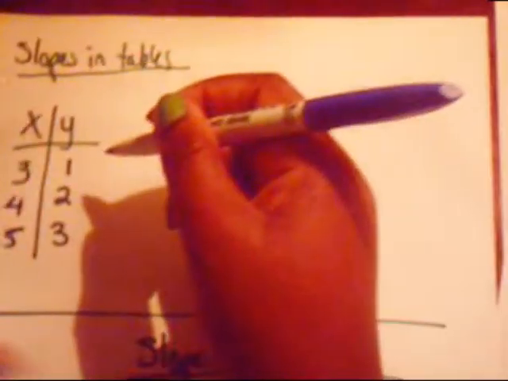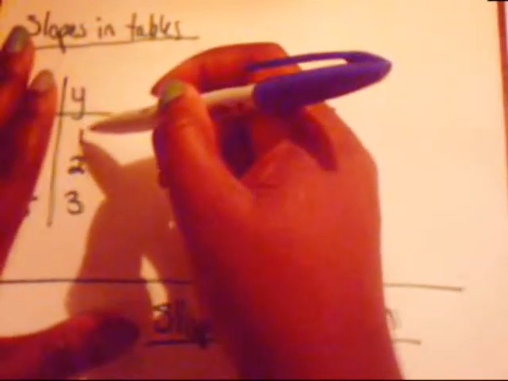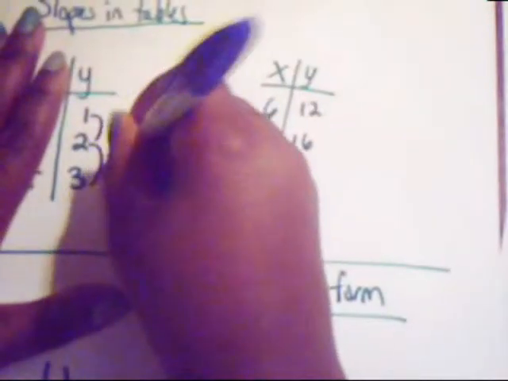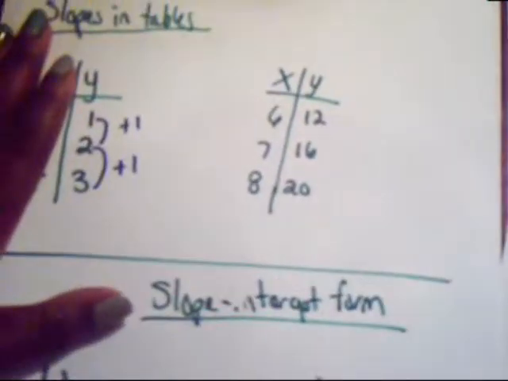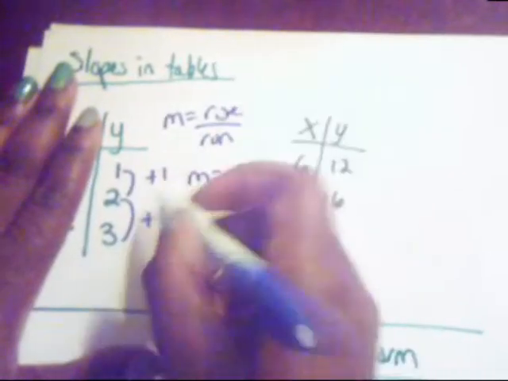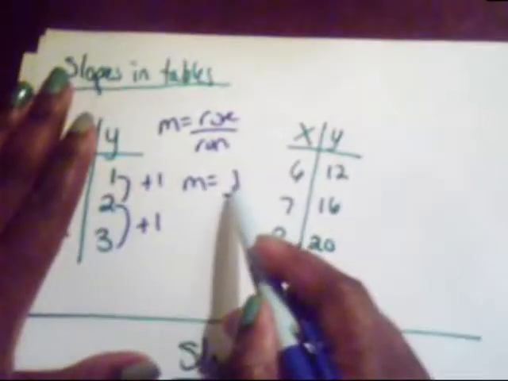Okay? So when we look at all the y coordinates, I've got 1, 2, 3. We can tell that it is increasing. Each term is increasing by 1. That's the thing about slope. Slope always stays the same. So we're looking for rise over run. The rise part would be 1, because I'm going up by each term, and it is positive.